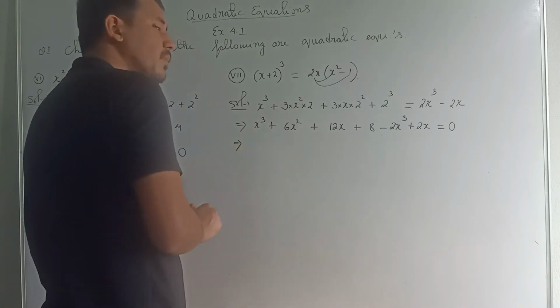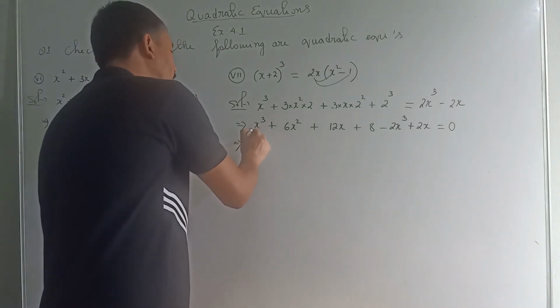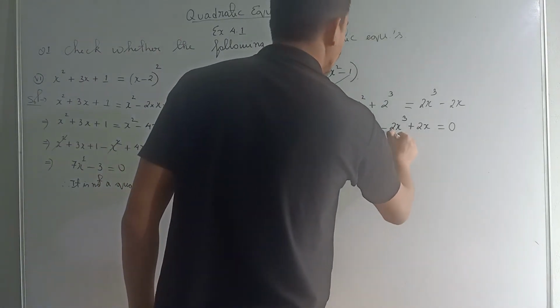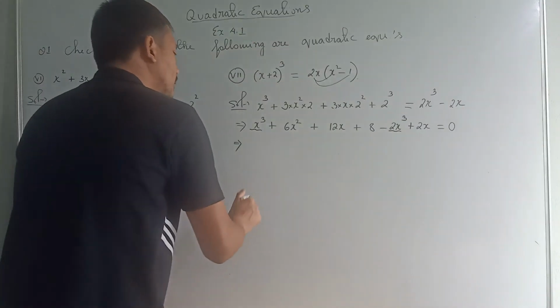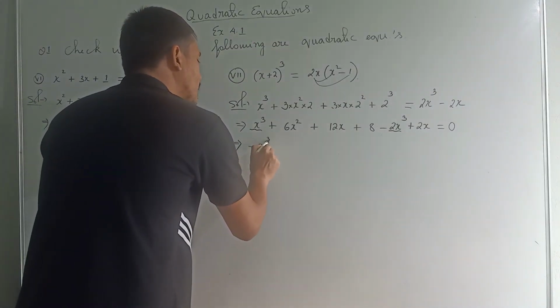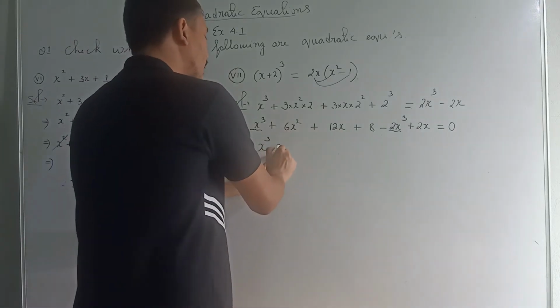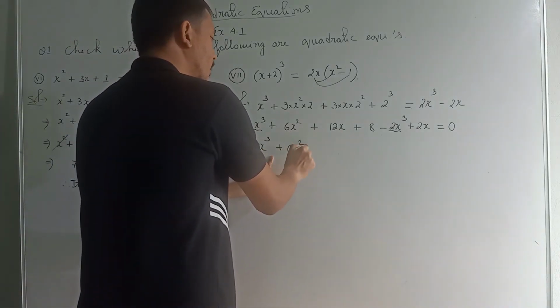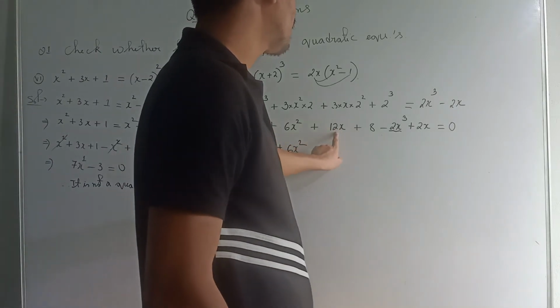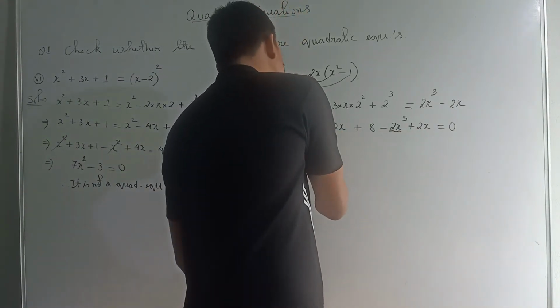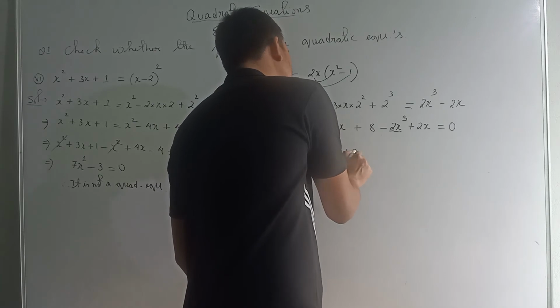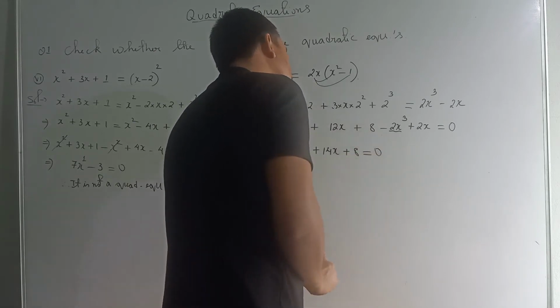Now let us simplify the like terms. x cubed minus 2x cubed gives you minus 1x cubed. We have only one term containing x squared, that is 6x squared. 12x plus 2x is 14x, and then we have plus 8 equal to 0.